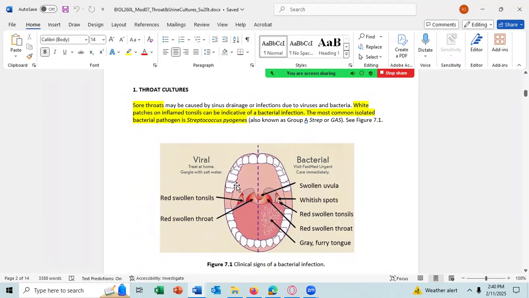The most common isolated bacterial pathogen is Streptococcus pyogenes, also called Group A Streptococcus, or the abbreviation GAS. I use the word Streptococcus pyogenes to name the species, but you could go by the group antigen, which is kind of an older way of doing it.